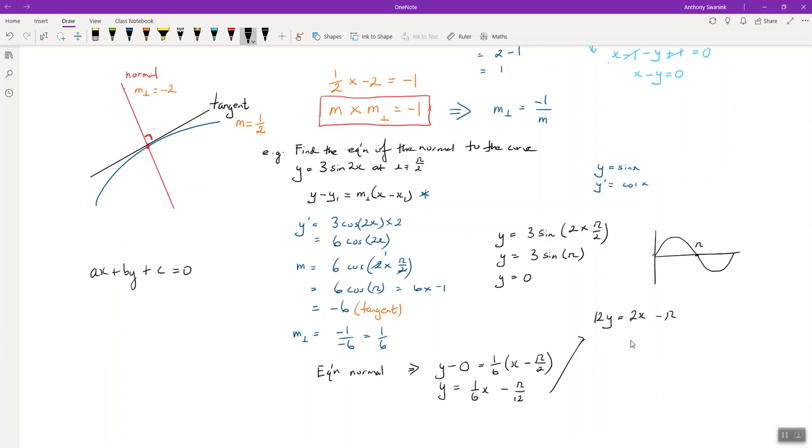And if I bring everything to one side, keeping the x positive, I have 2x minus 12y minus pi equals 0. So this is fine, no problem with that. This is probably what you'll see in the back of the book for this type of question, and this is how we're going from this form to this form here.